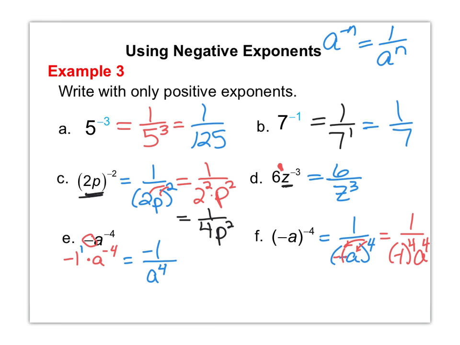Now negative 1 raised to the power of 4, it's an even power, so this can be written as 1 over a to the 4th, because negative 1 to the 4th is equal to 1. So there we have our answers that involve writing negative exponents as positive exponents.